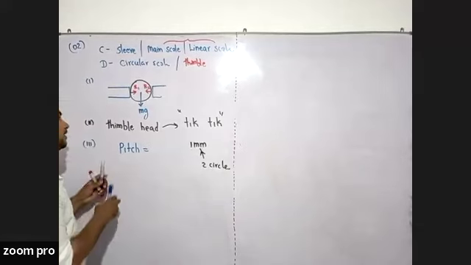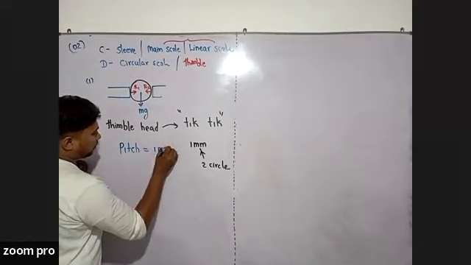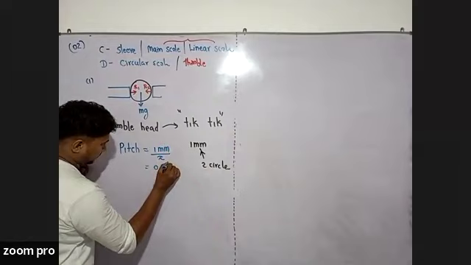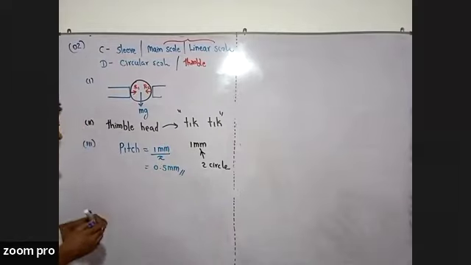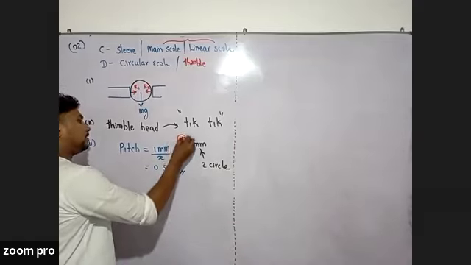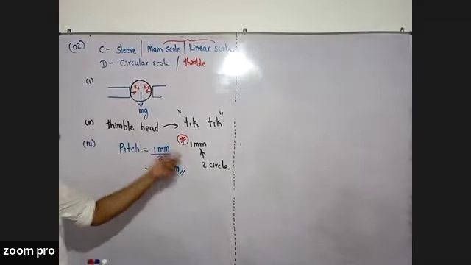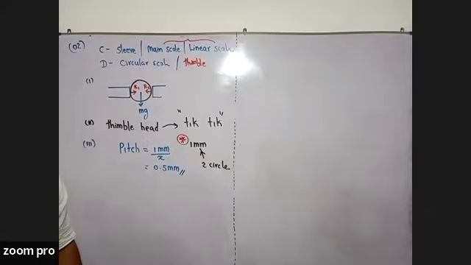That means the pitch should be equal to half of 1 millimeter. So guys, this should be the pitch, right? Keep in mind that there's a chance to misunderstand the pitch as 1 millimeter, so just go through the questions very carefully.